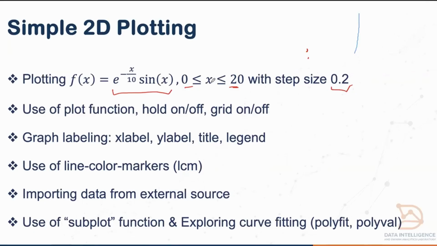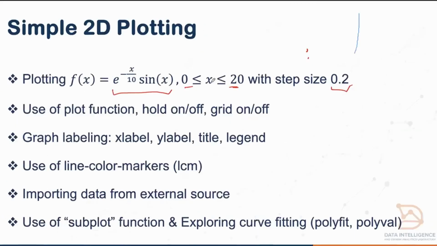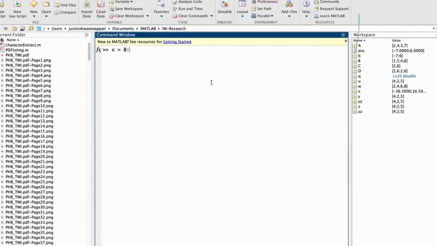So here we start with our x. x equals nothing but our start being 0, a step of 0.2 and an end of 20. Because we know what it's about, it would be a waste of time to open it up. So let's press run.